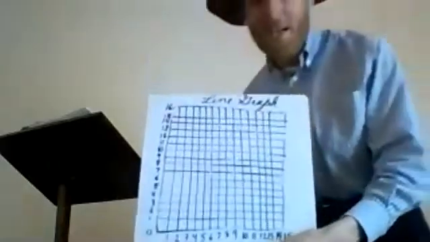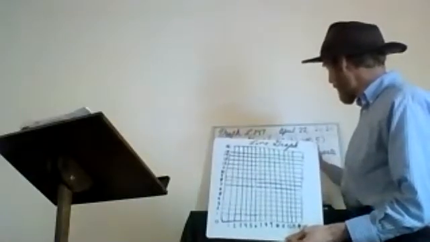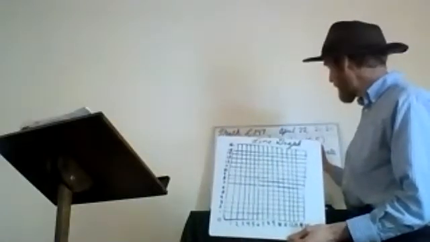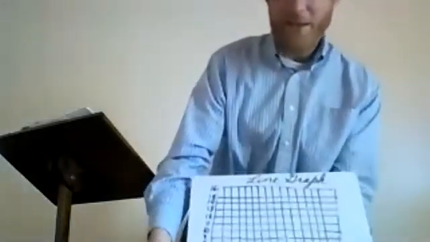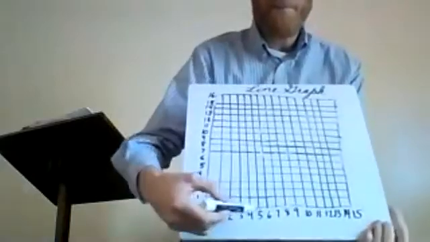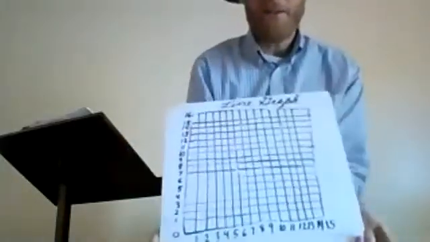When you see in parentheses like 12, 13, that's the first one I'm going to find on my line graph. The first number, remember, is the horizontal line this way. The second is the vertical line going up this way.